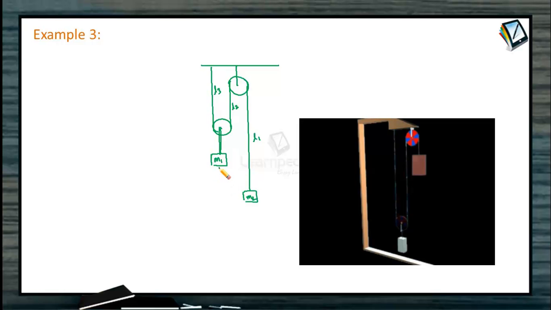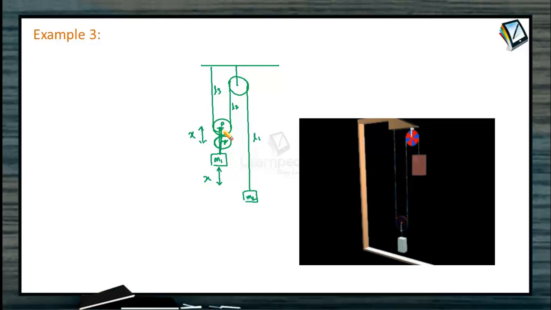So imagine m1 travels a distance x down. As we have seen in this case, this pulley which is movable, the center of the pulley, let us call point P, will now arrive at this position, P dash. The P dash distance also must be equal to x, because this is an inextensible string.